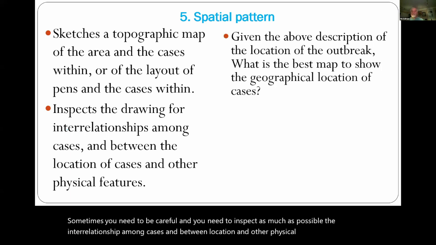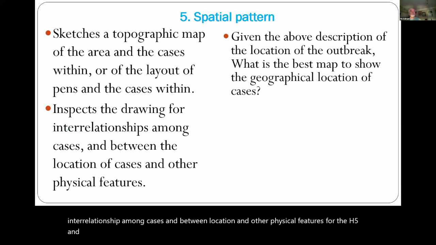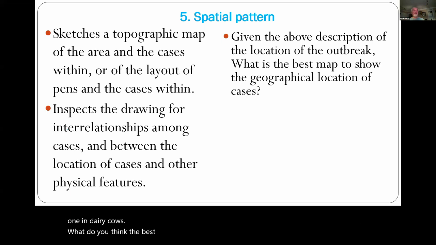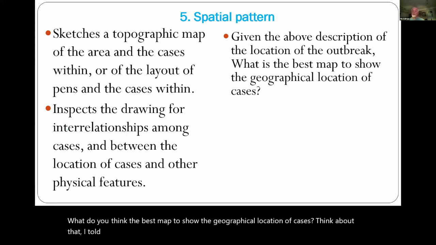For the H5N1 in dairy cows, okay, what do you think is the best map to show the geographical location of cases? Think about that. I told you currently there are between 10 to 11 states involved, okay? So what type of maps could you show?